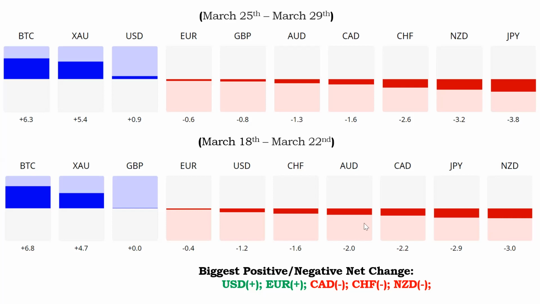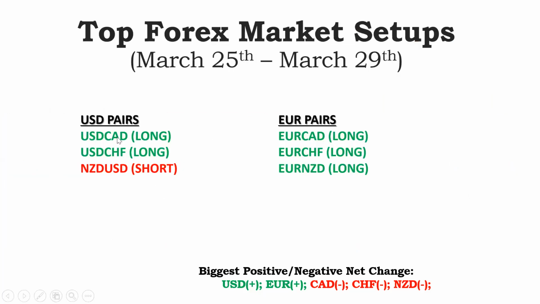So these three present some good short possibilities: Canadian dollar, Swiss franc, and NZD, and I would like to pair them up with USD and then Euro.